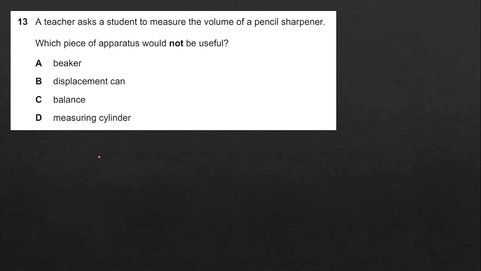A displacement can, using that we can also measure the volume. Balance. So we cannot use balance to measure the volume of a pencil sharpener. A balance is used to measure the mass of an object. So here option C would be the answer. If I look at option B, measuring cylinder, of course, we use measuring cylinder to measure the volume of substances.